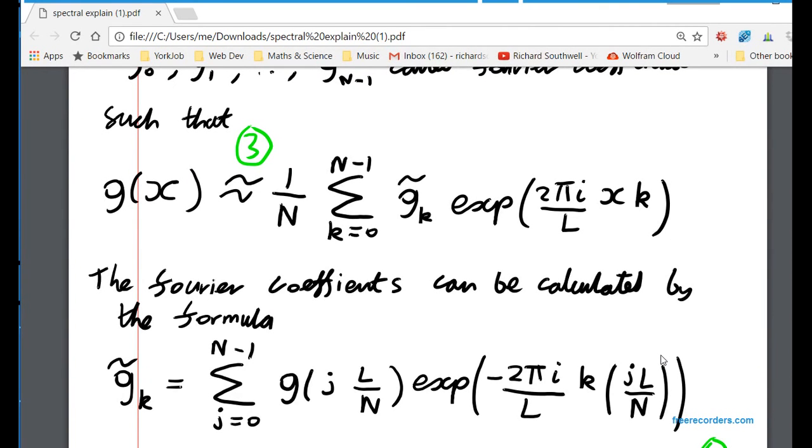So basically we have a periodic function g with period L, and for some x, g(x) is approximated by 1 over n times the sum from k equals 0 to n minus 1 of g tilde k times the exponential of 2 pi i x k, all divided by L. So we're thinking of expressing g(x) as a weighted sum of complex exponentials.